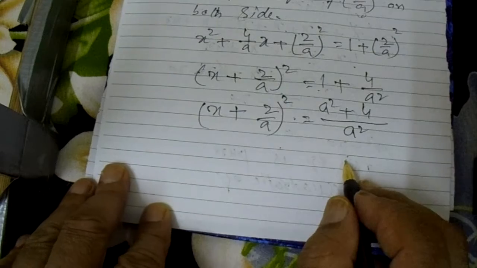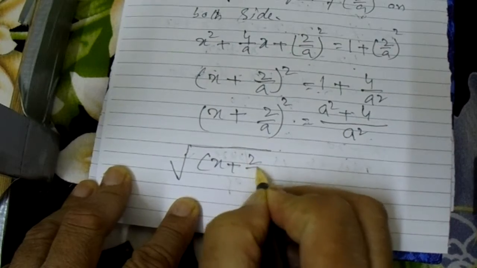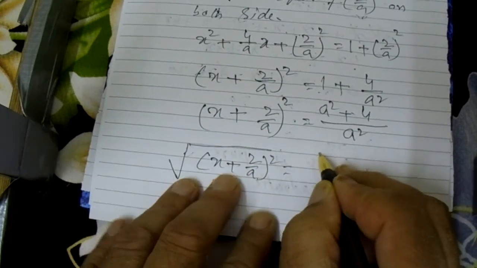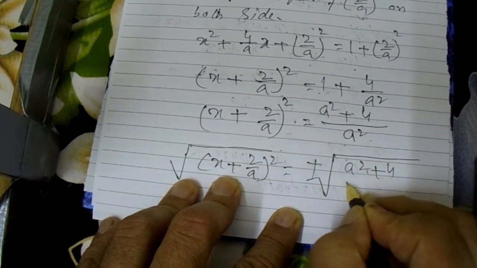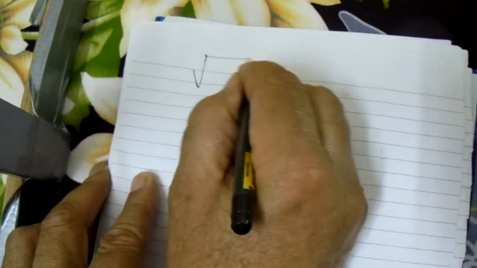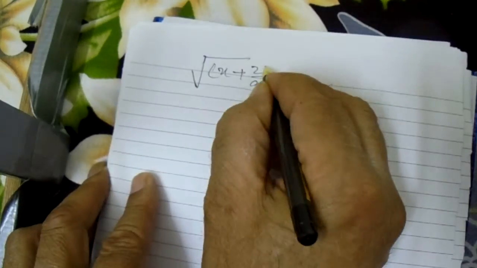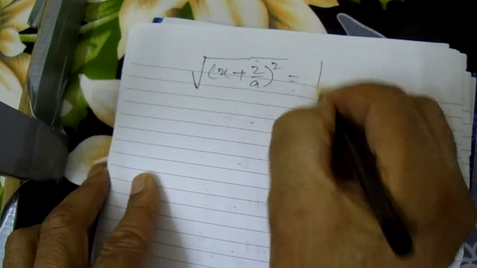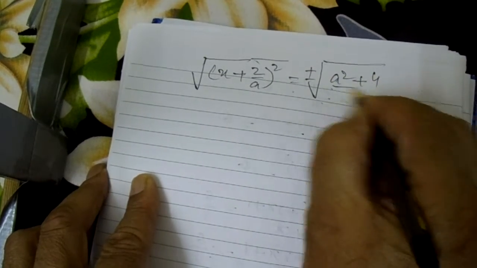Now we take the square root on both sides. We write here x plus 2 over a square is equal to plus minus the root of a square plus 4 over a square. Now we go on to the next page and solve the question. Now write the same step on this: x plus 2 over a is equal to, again under root, plus minus a square plus 4 over a square.